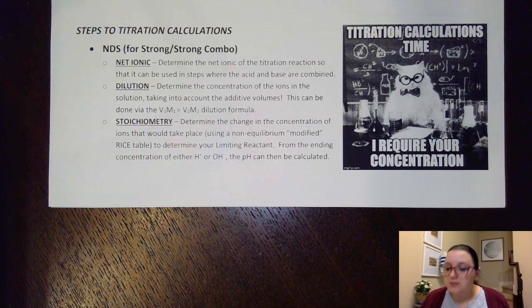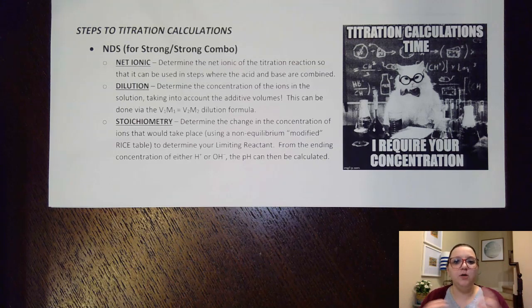The third step would be stoichiometry. Once I know how much of the acid and the base that I have, I want to figure out which one is in excess. And so what I'll need to do is figure out who my limiting reactant is. I know that will get all used up. And then I can use the excess to figure out the pH.